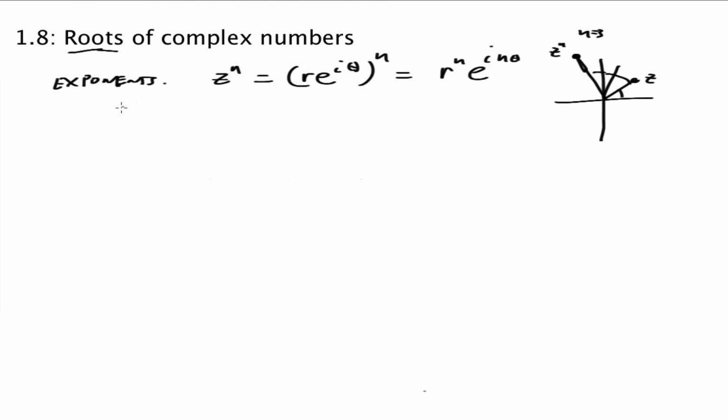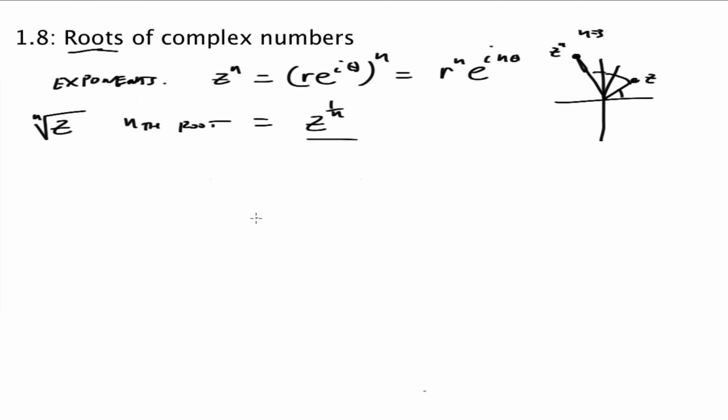But now let's see if we can do the same thing with roots. Recall a root: if I want to talk about z and its nth root, that is equal to z to the fractional exponent 1 over n.